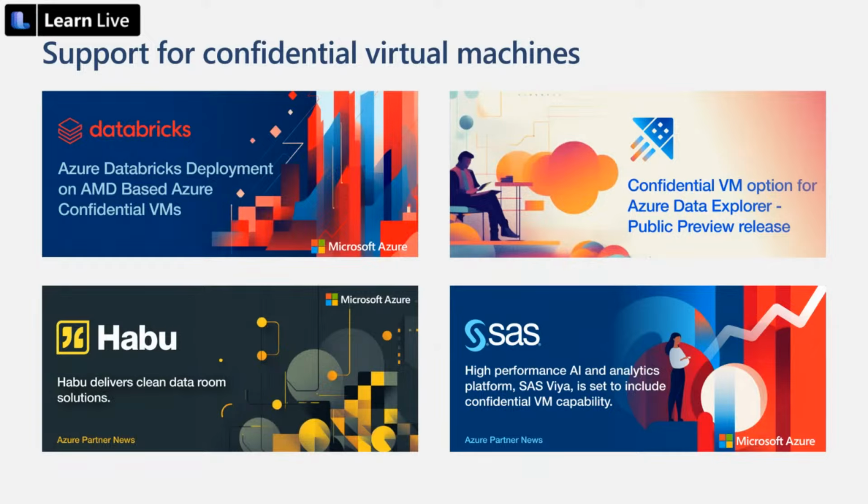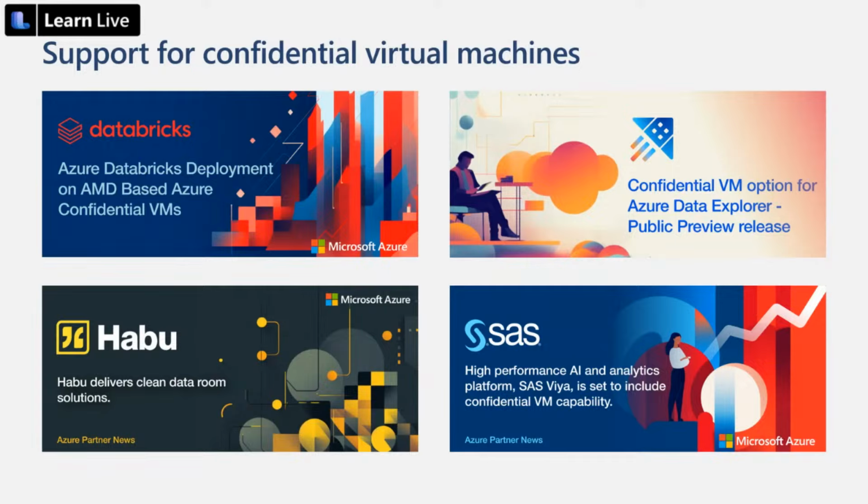But overall, just to trim it down to a few announcements, during Microsoft Build 2023, we had announcements from Azure Databricks, where they announced the availability of AMD-based Azure confidential virtual machines. And also from the product side of things, Kusto/Azure Data Explorer has the option to leverage ECAS, the confidential virtual machine that has support for AMD SEV-SNP.